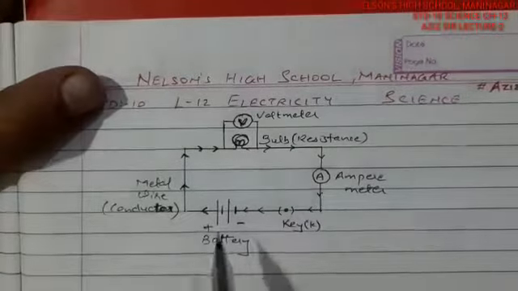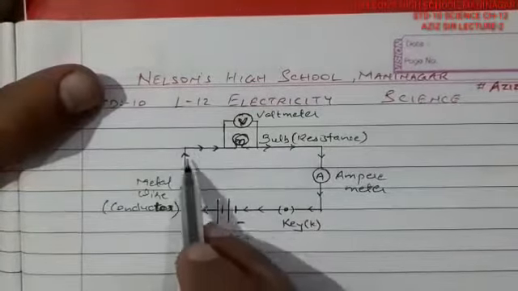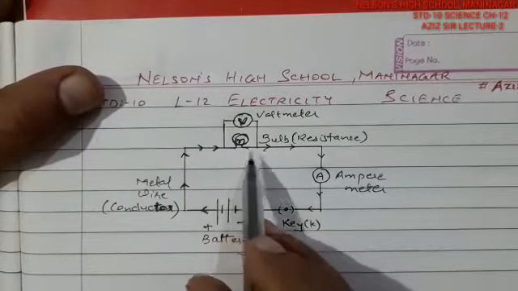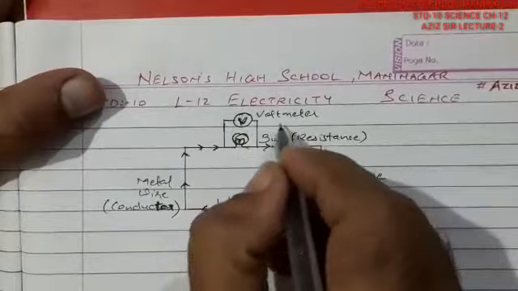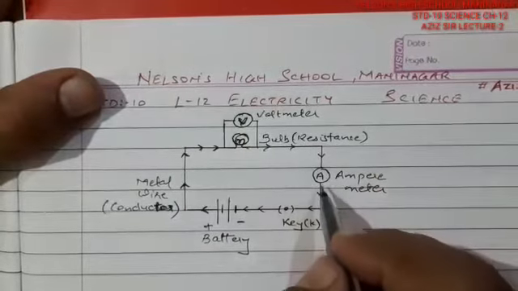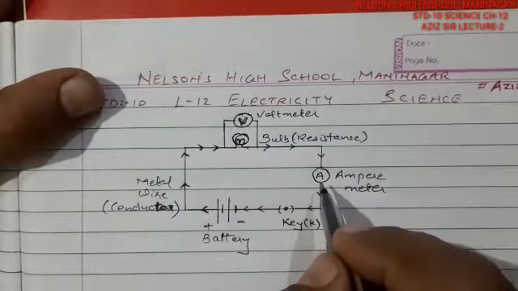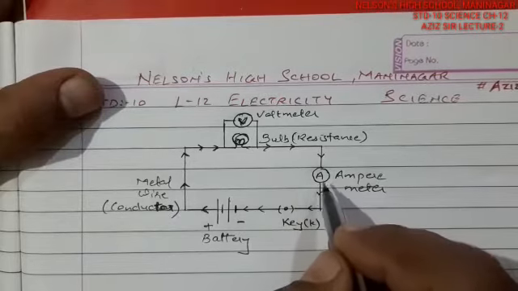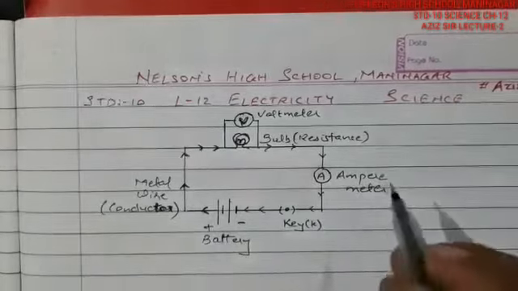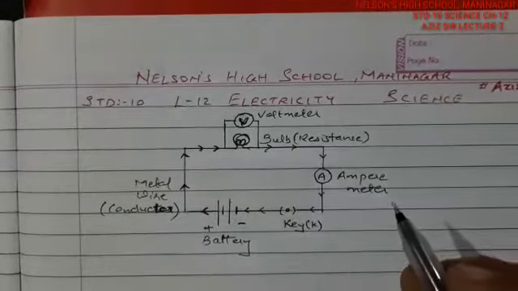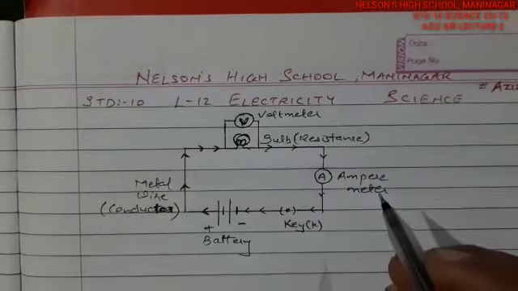So this is the battery, this is a metallic wire which is a conductor, passes through the bulb which is called a resistance, and it is attached parallel with the voltmeter, and this is passing through an ampere meter, called a measuring device for current, and passing through the key and going back to the negative terminal of the battery. This is how the circuit diagram is supposed to be made.